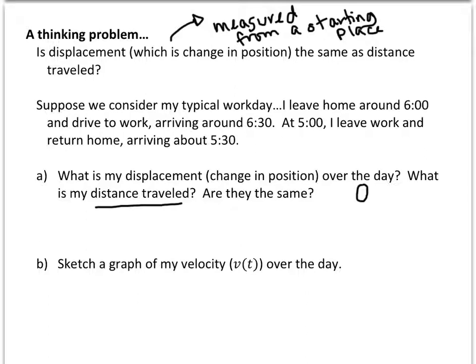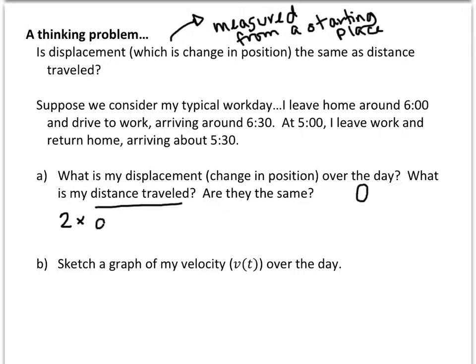So when we talk about distance traveled, you're thinking about how far my car's odometer would measure, or how my legs would feel if I had to walk to school. My distance traveled would certainly not be 0. So my distance traveled actually is 2 times however far it is for me to work, and it's about 20 miles.